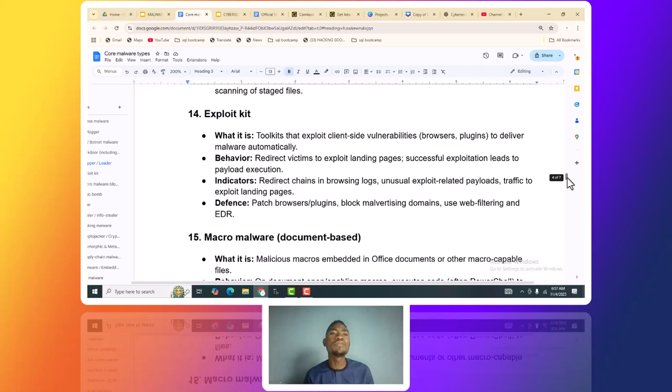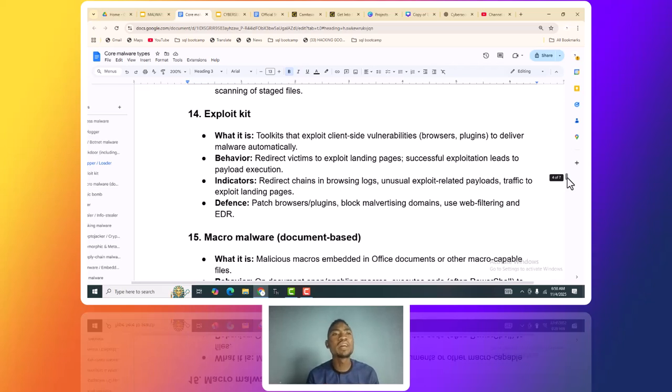Some of their behaviors are redirecting victims to exploit landing pages, and successful exploitation leading to payload execution. You may also see redirections in browsing logs, or traffic leading to exploit landing pages that you didn't initially intend to visit.